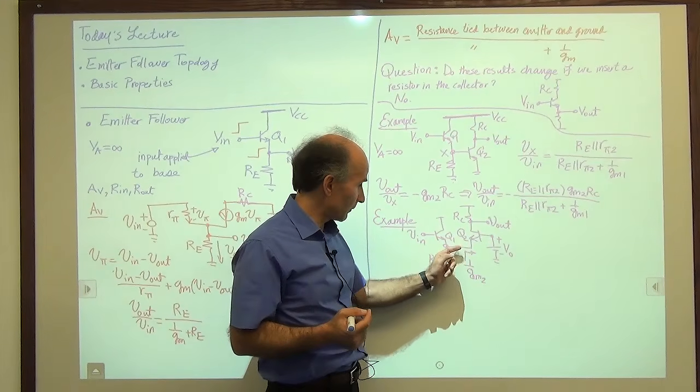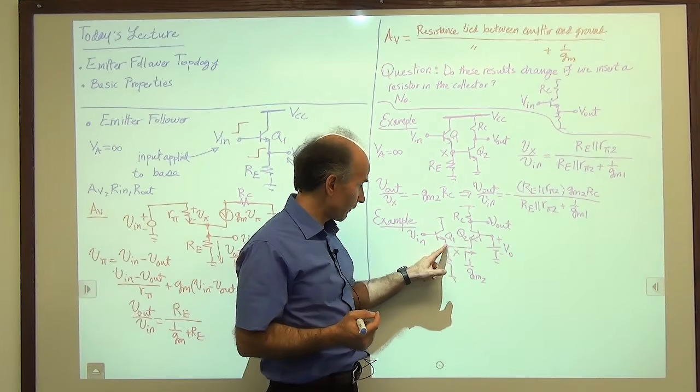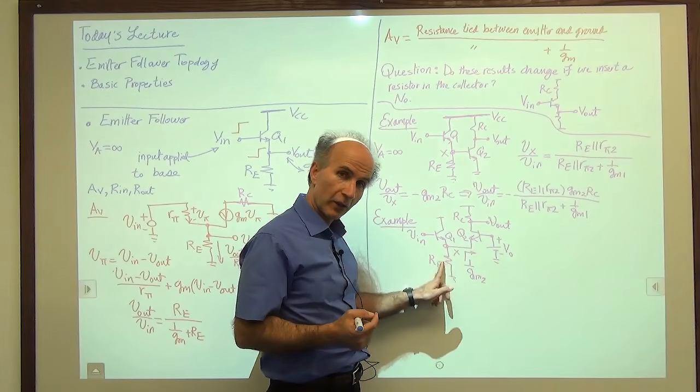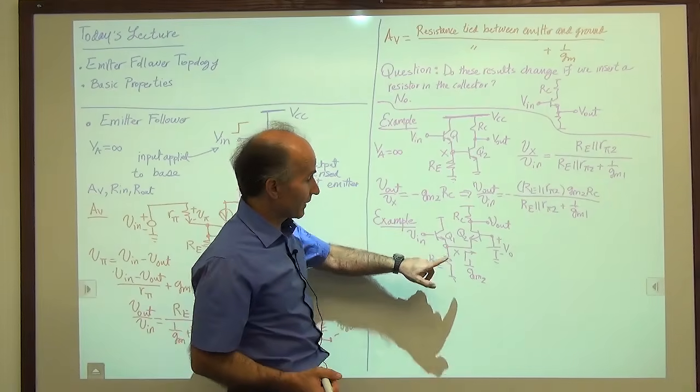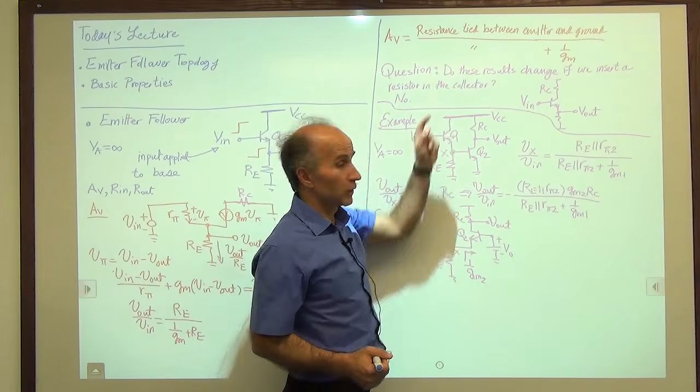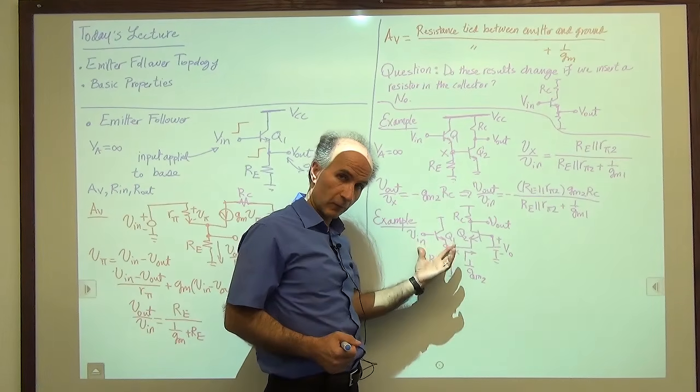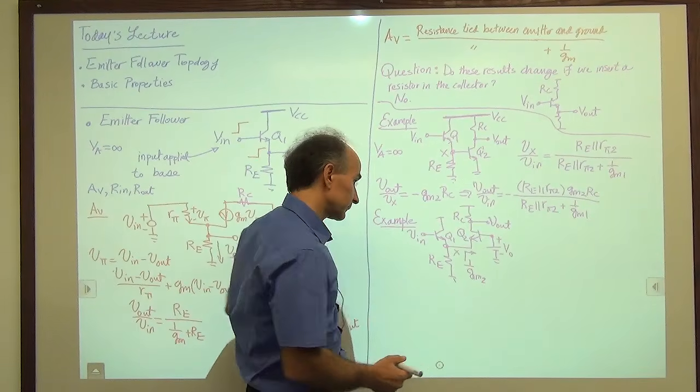Okay, so we have 1 over Gm2 looking this way, and then we have Re looking down. So we have Re in parallel with 1 over Gm2. That is the total resistance tied between the emitter and ground for the emitter follower.